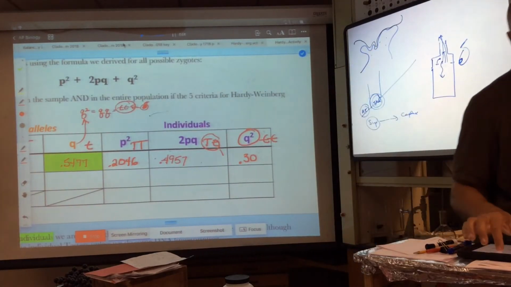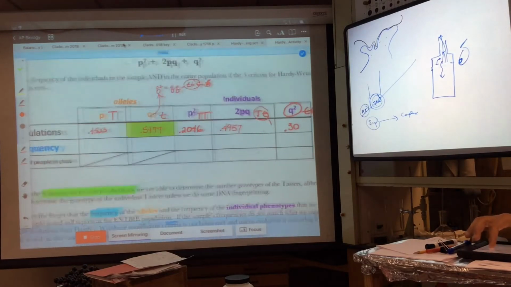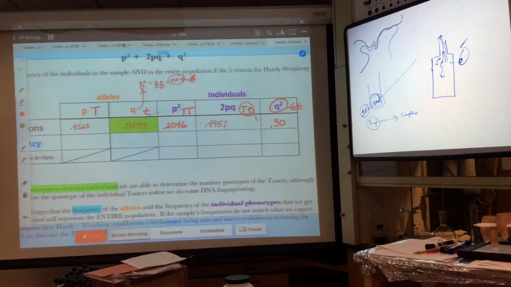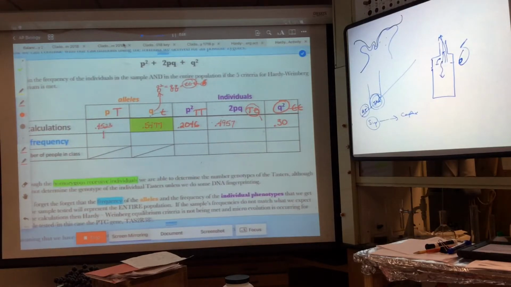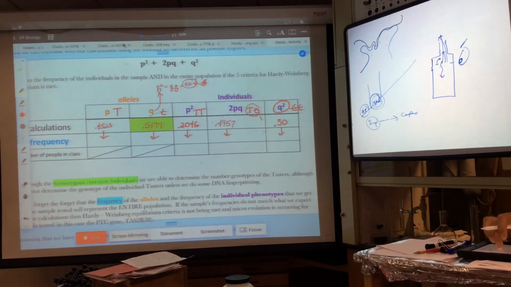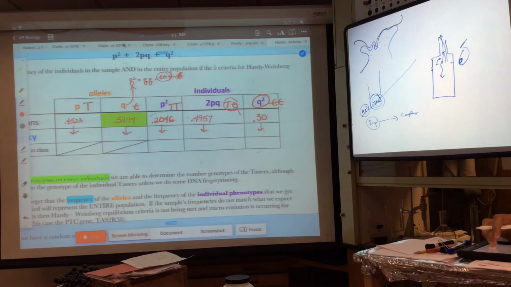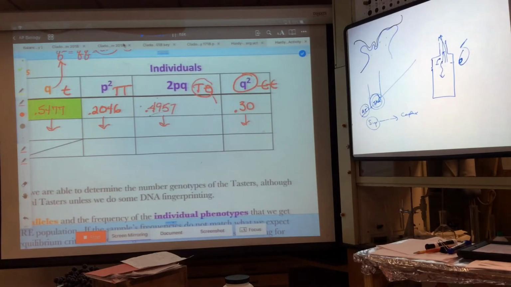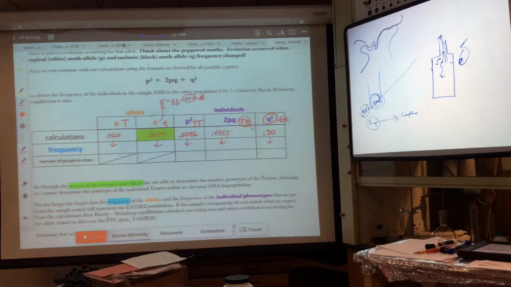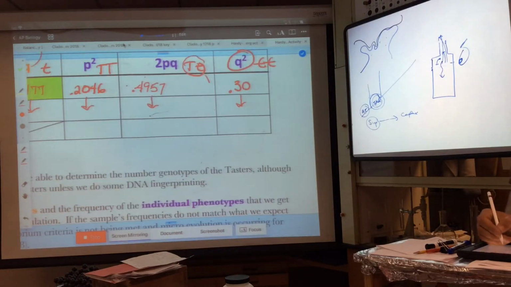I guess I should have put the calculations above and the numbers below. I guess I didn't follow my own worksheet. Now, interesting enough, how many people are in the class? Well, we know 0.30, because that was our jumping off point.